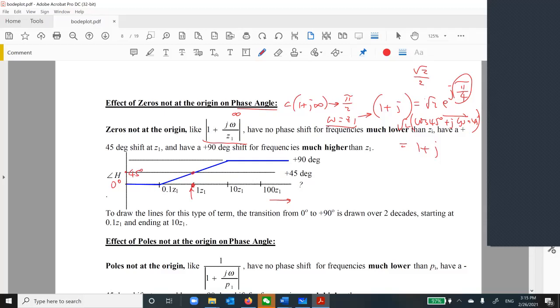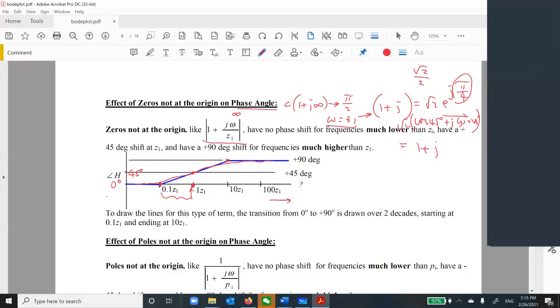So the rule of thumb is that 1 decade left will be 0 and 1 decade up is 90. Then you draw a line between them. That's the asymptotes of your phase angle transition. But in reality, it looks like this, with some slight transition here.